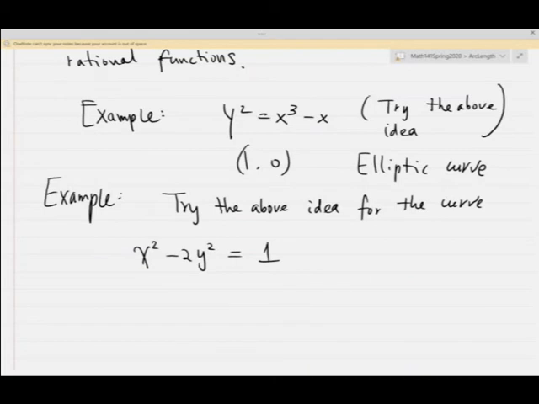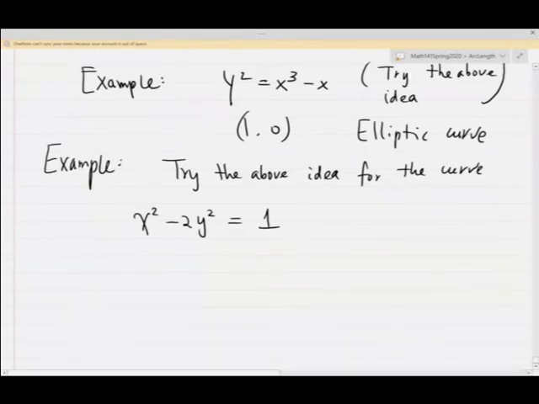Rational points on curves. This is a huge topic. So let me mention a little bit, give some remarks on this topic. Rational points on curves, algebraic curves.